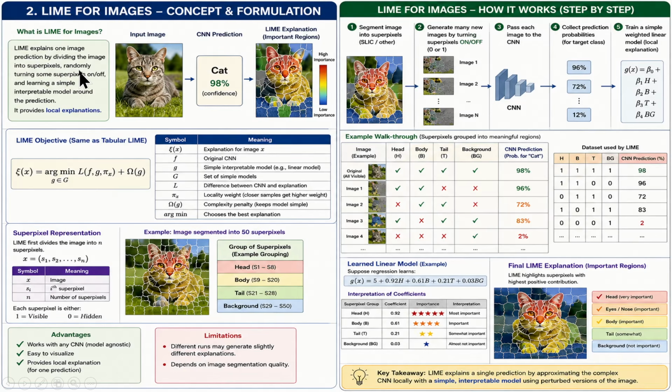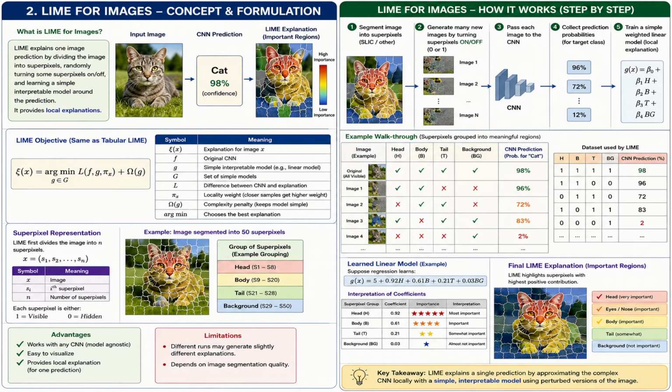And the strategy it uses here is it turns some superpixels on and off, which means it perturbs. Perturbing here means if you have 10 superpixels, it makes use of only 5 superpixels for the prediction and the rest 5 are hidden, or they are also called masked. The other 5 are masked and only 5 are used for prediction.